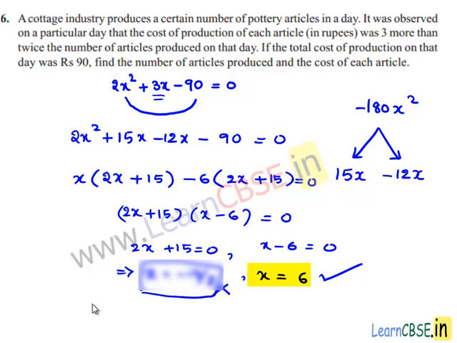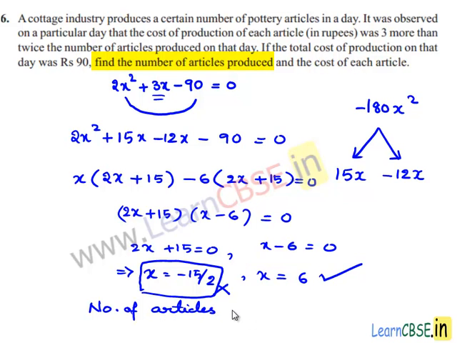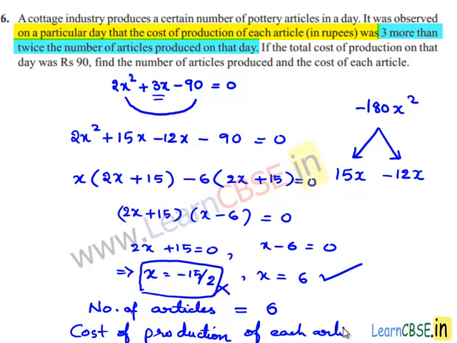Therefore, number of articles produced is equal to 6, and the cost of production of each article is equal to 3 + 2x.